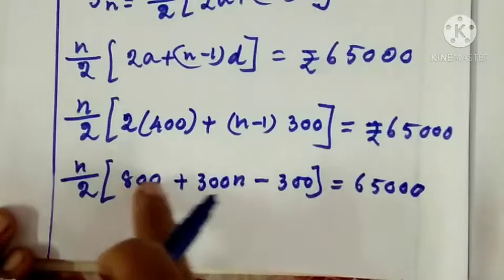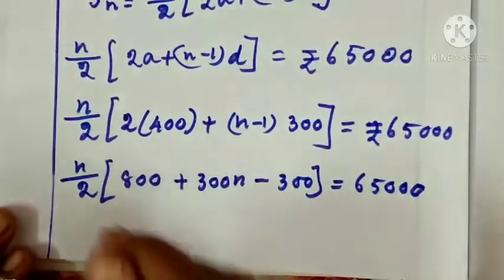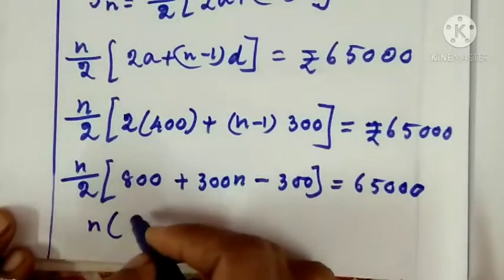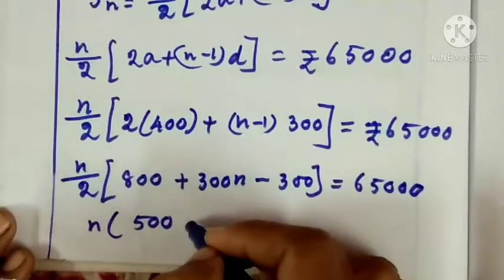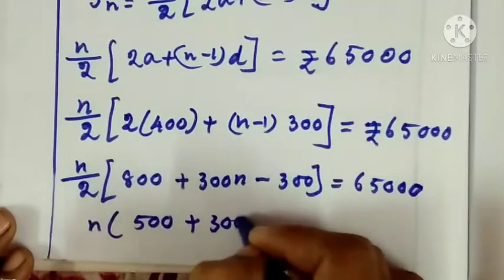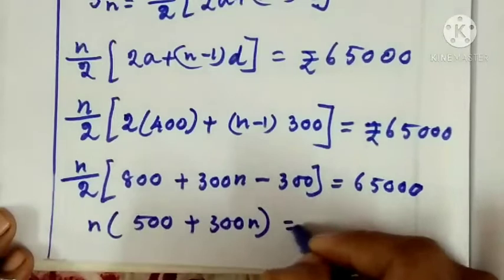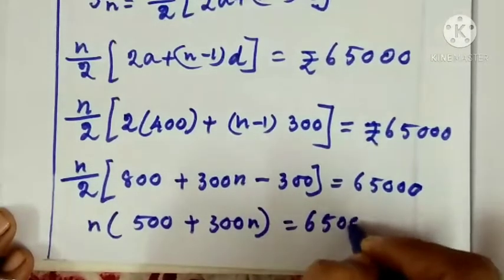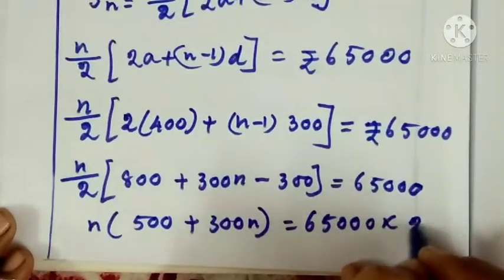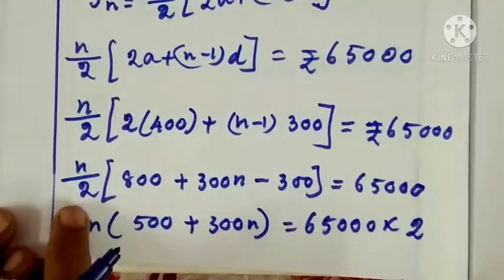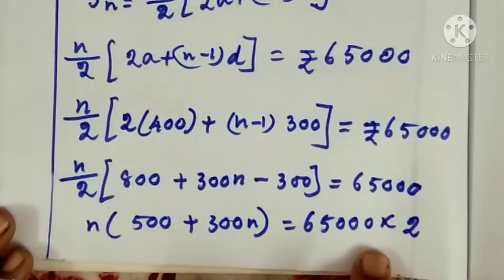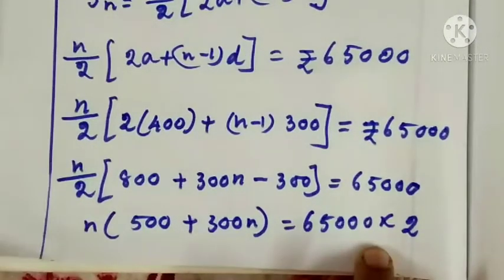That is 800 minus 300 n into 500 plus 300 n is equal to 65,000 into 2. Transpose this to after the equal, it becomes multiply. Therefore 65,000 into 2.